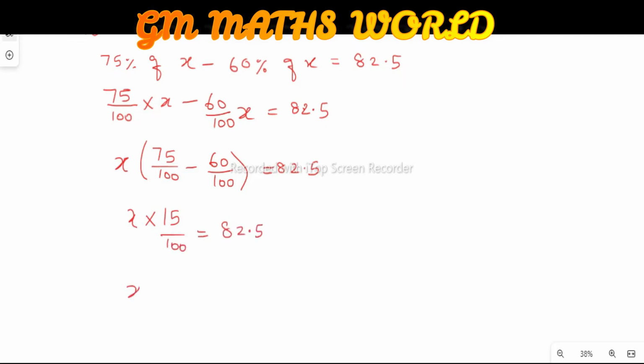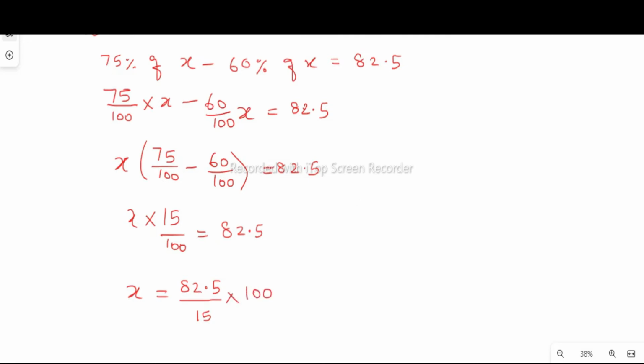Now x into 75 minus 60 by 100, which is 15 by 100. So 15 by 100 is 82.5, and x is equal to 82.5 by 15 into 100.